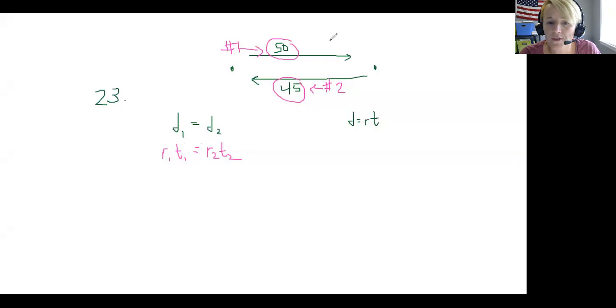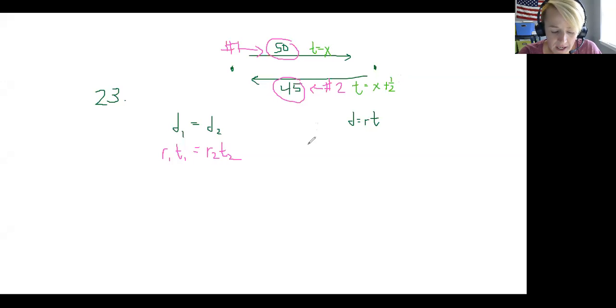Now, I know that this rate for the first one was whatever it is. The t here just equals x, whatever the time was, or I could use t, whatever I want to use. And this one is whatever it is plus a half an hour, because it says it took a half an hour longer.